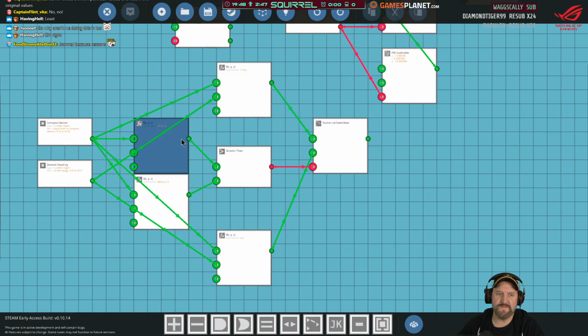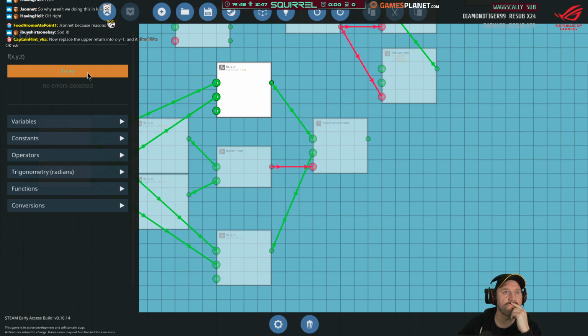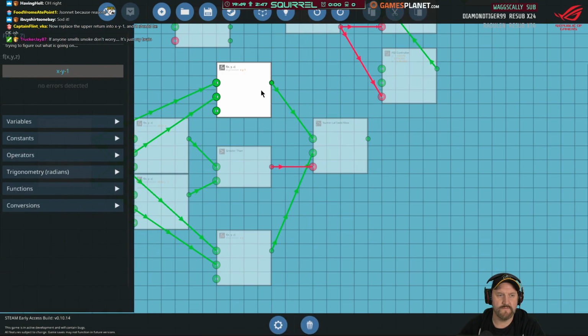So it says if this one, then return 1 minus x plus y. There we go.